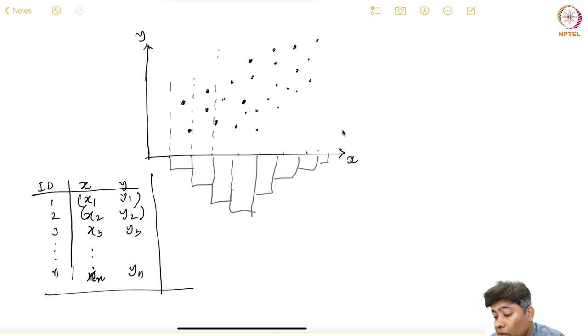This gives us some idea about how the distribution of x behaves.